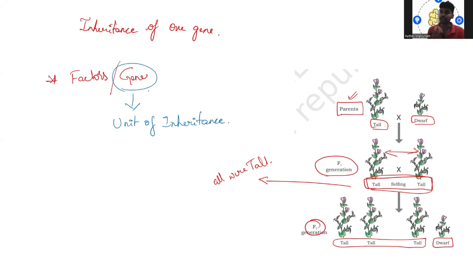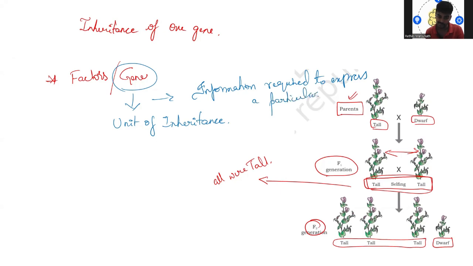It contains the information which is required to express a particular trait or character. That means a gene will have the information required to express a particular trait or character. So that is what a gene is.